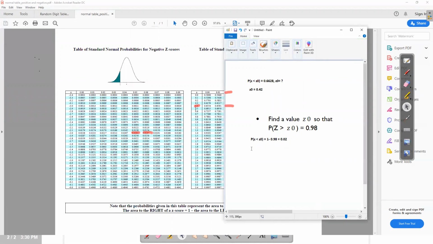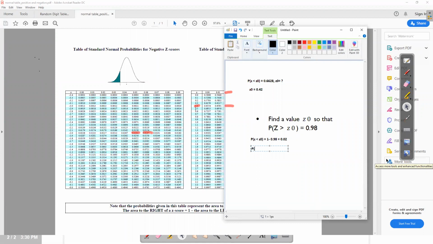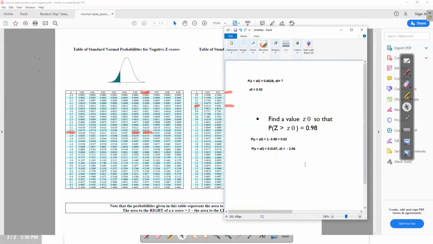So for example, if we approximate this to 0.0197, then the corresponding z0 will equal negative 2.06, right? So pay attention to the signs. So this is how to look up the Z-table.